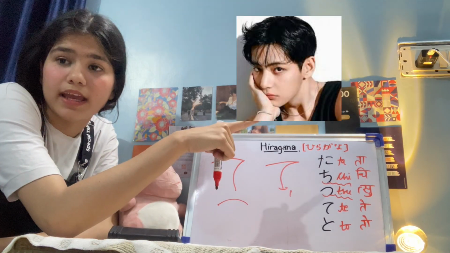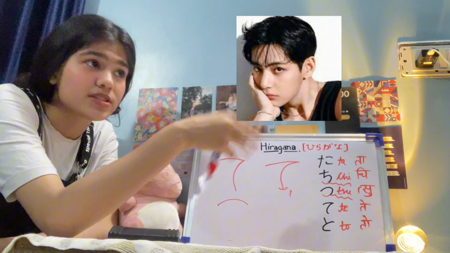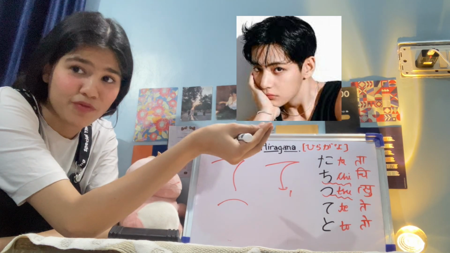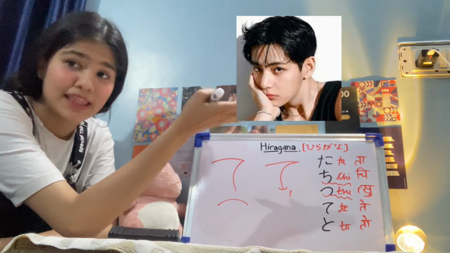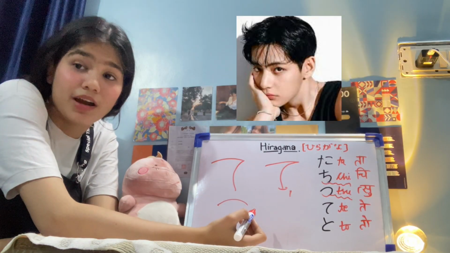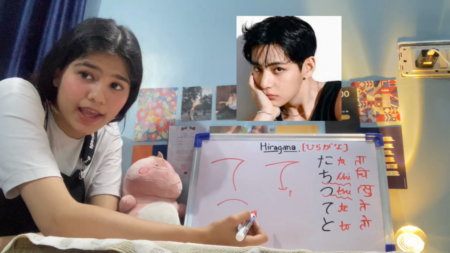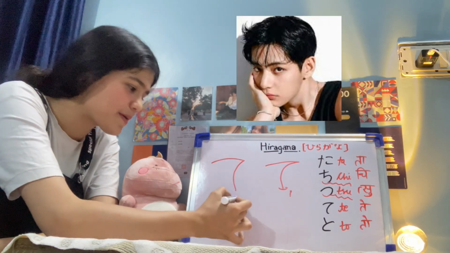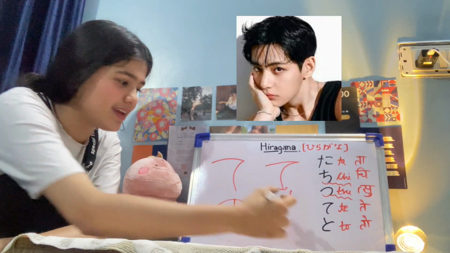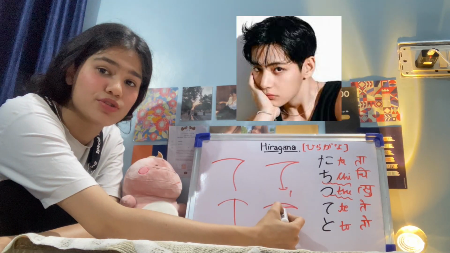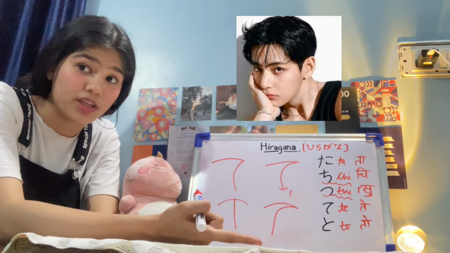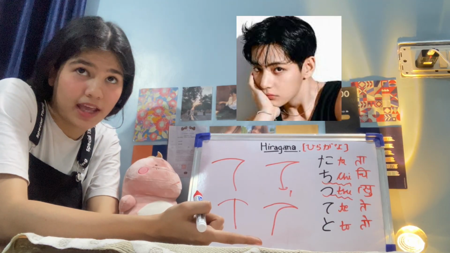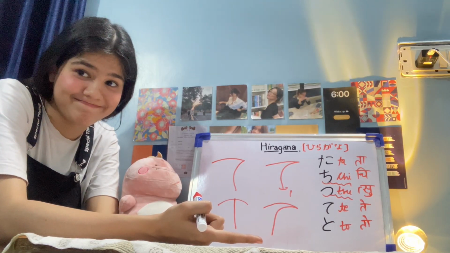So te is a wannabe T. Okay, no offense, I'm just giving you a way to learn it. Te is trying to be a T, and he wants to be a T, but not really a T, so it's te. Te is a wannabe T.